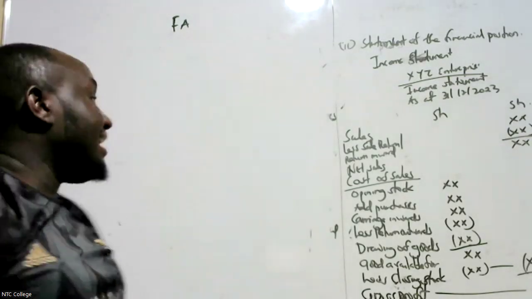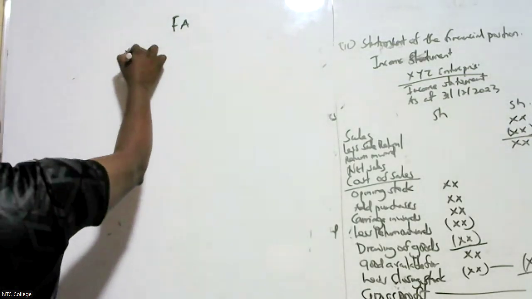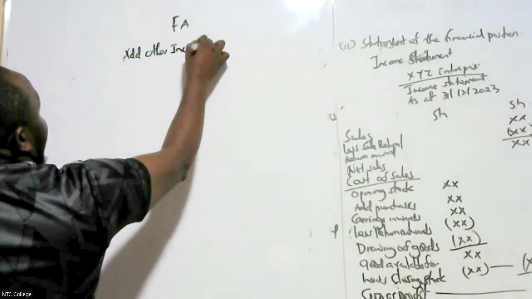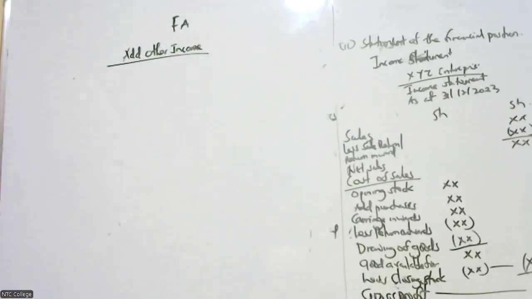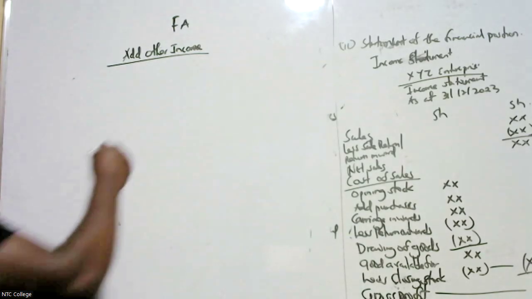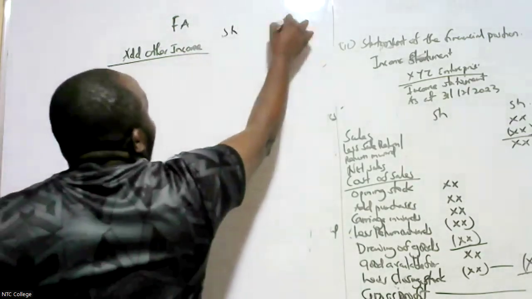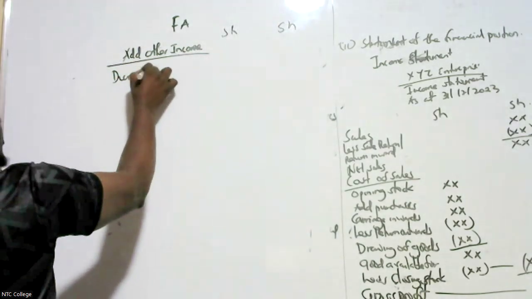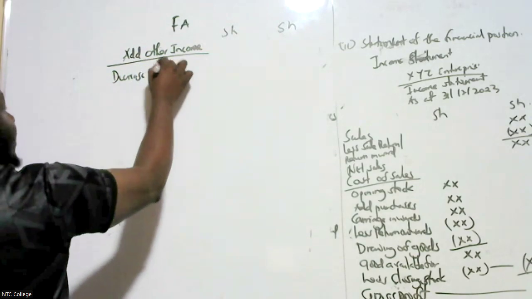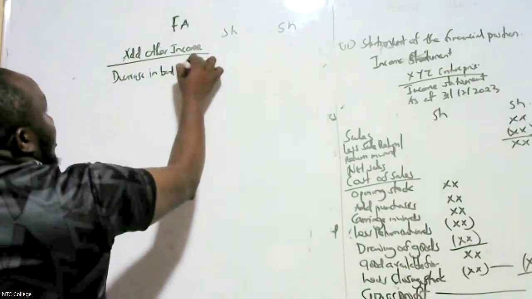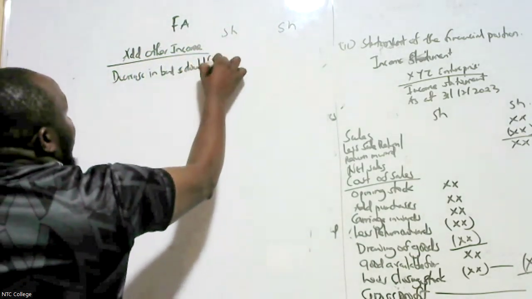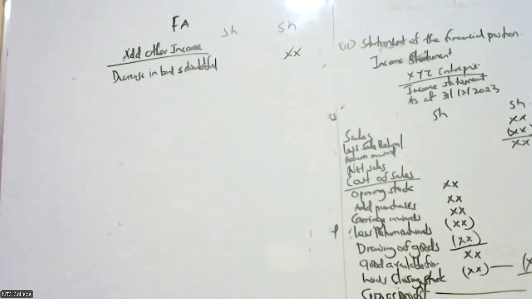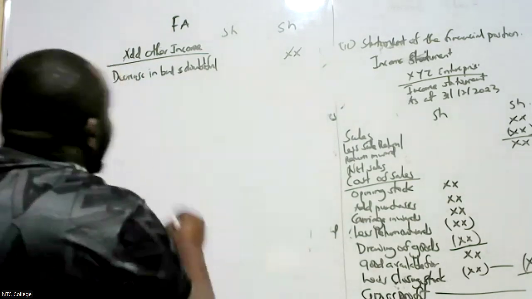Then you say add other incomes. We now proceed to add other incomes. I'll start with one of the incomes that we have talked about. We can have decrease in bad and doubtful debt. We have discount received.